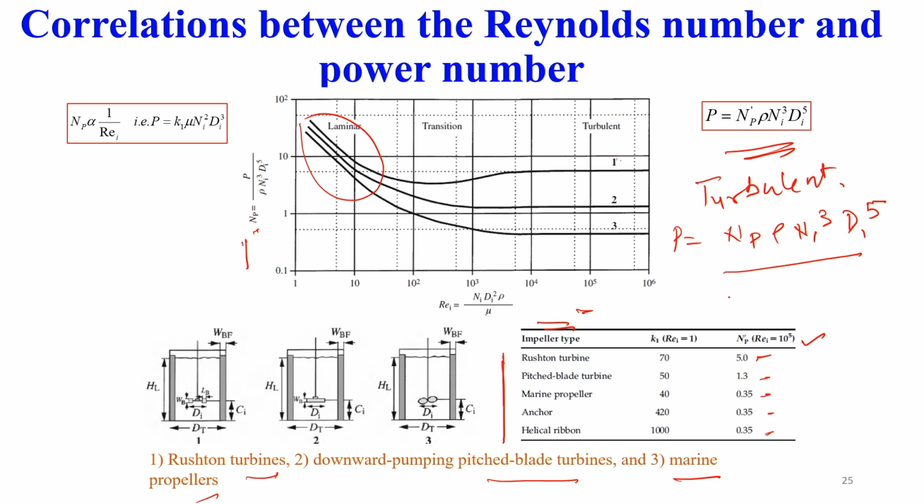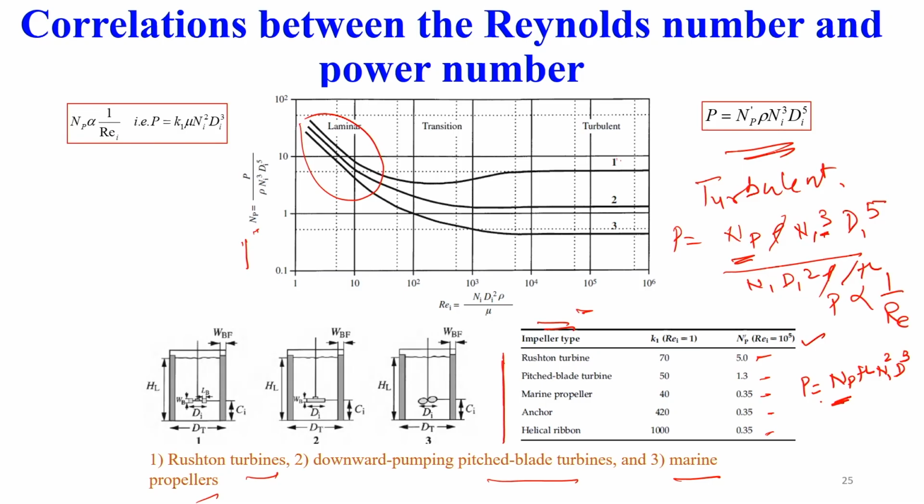So, it says P is proportional to 1 upon Re. So, it becomes Ni Di square rho upon mu. So, rho is cancelled out, mu will go in the numerator. So, it becomes P as NP mu. Now N, this will be Ni square and this will be Di cube.